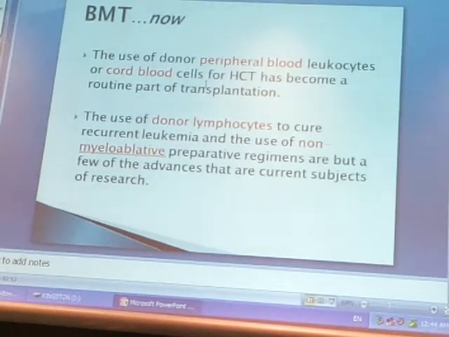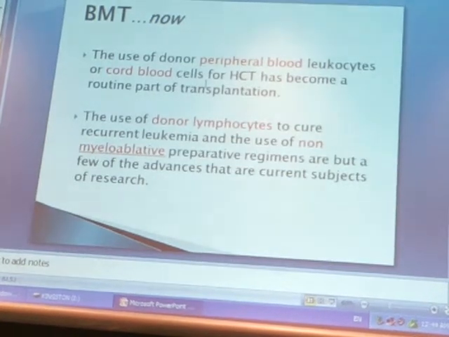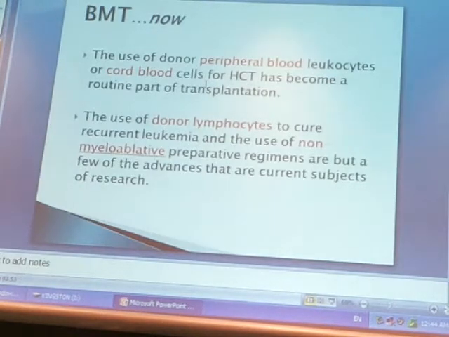The leukemia cells originate from the bone marrow, right? So you have to ablate the bone marrow of the patient to get rid of all the malignant cells in the bone marrow. So the idea, we give a high dose of radiotherapy, total body irradiation, with a high dose of chemotherapy, to kill all the stem cells in the bone marrow.